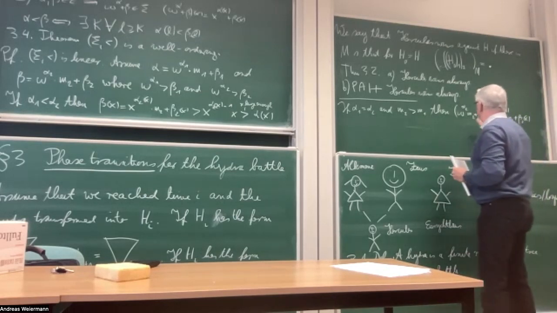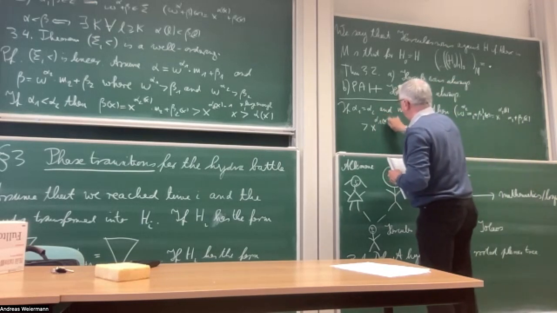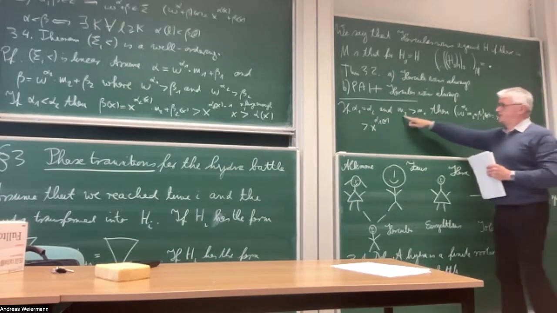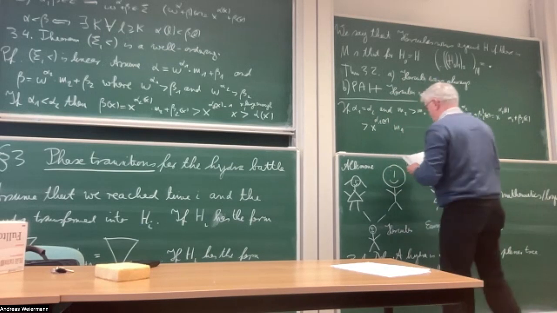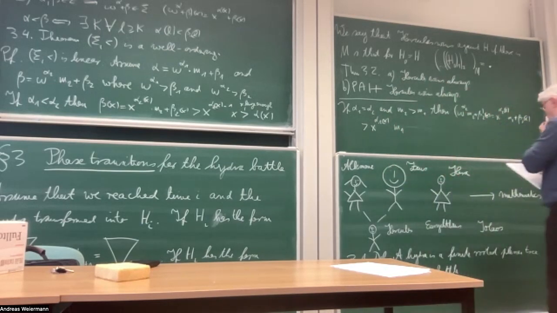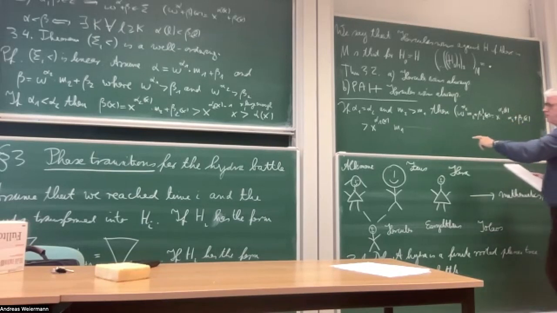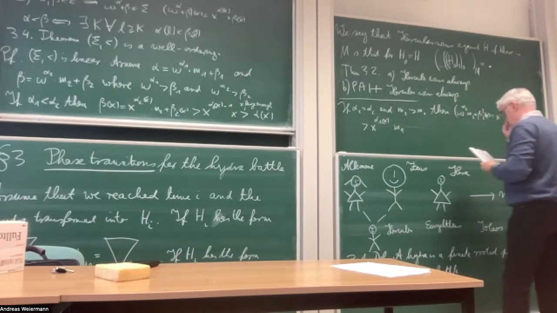Now this one is the same as for alpha 1 of x. Now m1 is smaller than m2, so we have this times m1. And of course, m2 is bigger than m1, so m2 is at least as big as m1 plus 1.